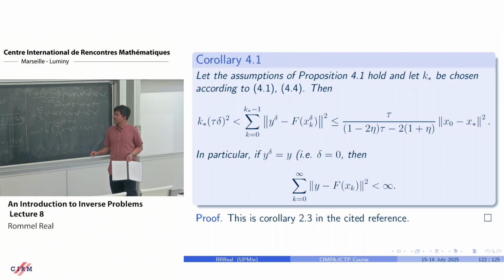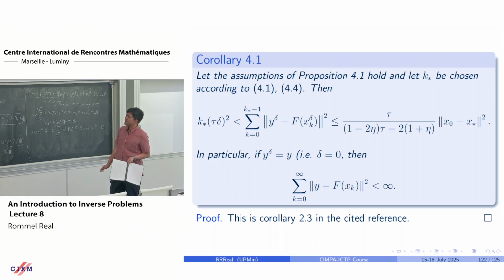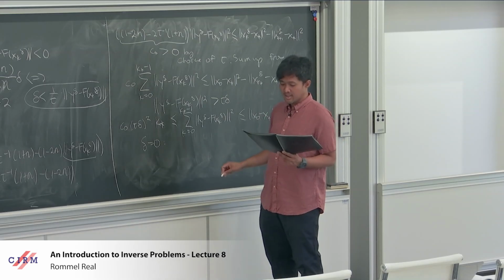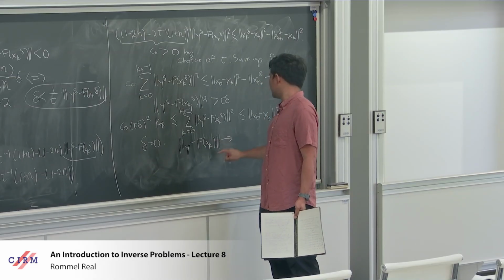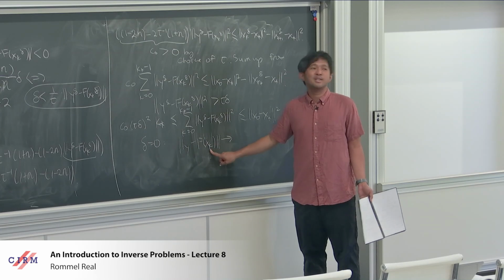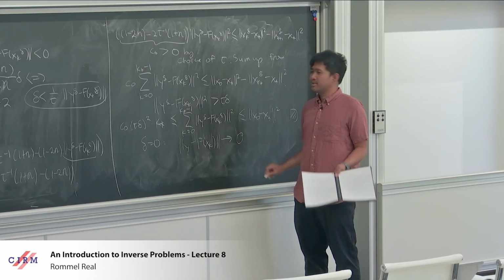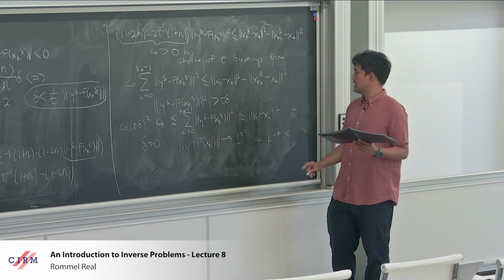And from this one, the second part of the result over there simply tells us that when there is no noise involved, that means if delta is equal to 0, in the limiting sense, the residuals with regard to the iterates given by the Landweber iteration for exact data must converge to 0 as k goes to infinity.